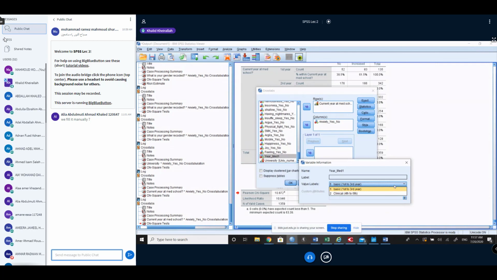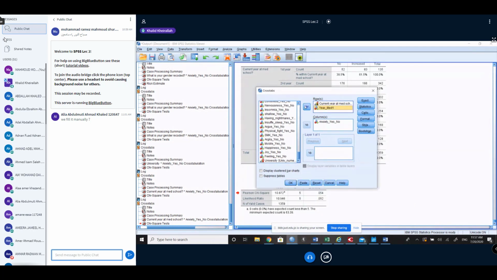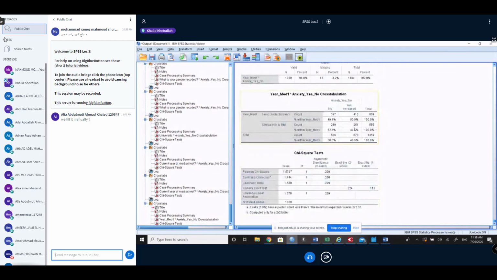So this variable actually divides medical students into the first 3 years and the last 3 years. So it gives you basic and clinical years. So I want to pick this. So this is what I picked in my rows.